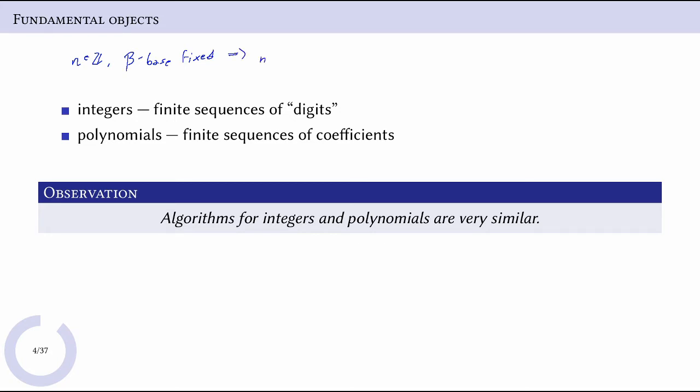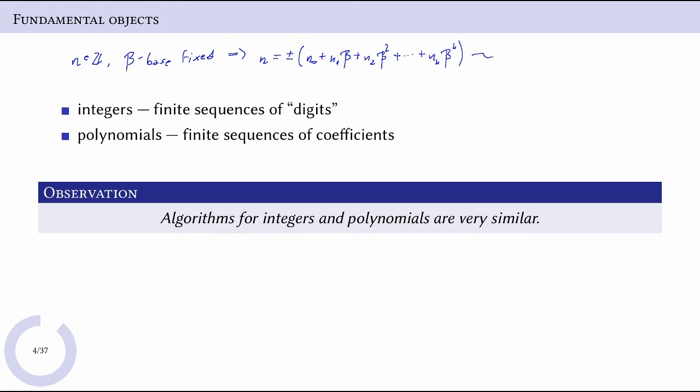So we can think of the integer as either plus or minus some n0 plus n1 beta plus n2 beta square plus and so on, nk beta to the kth power.